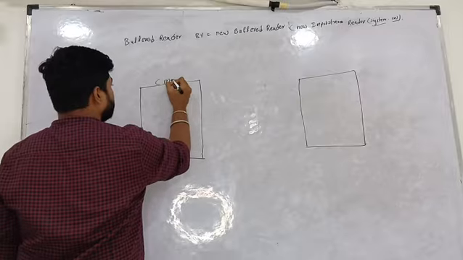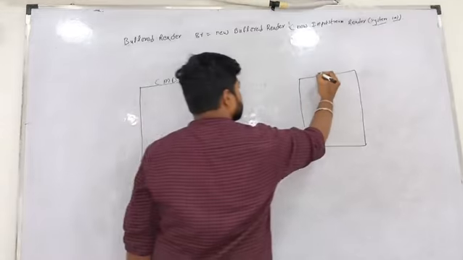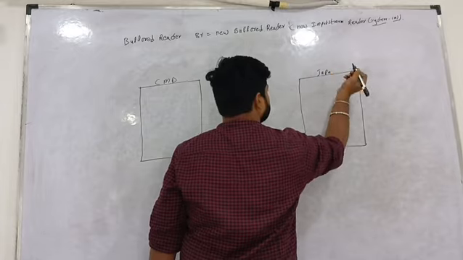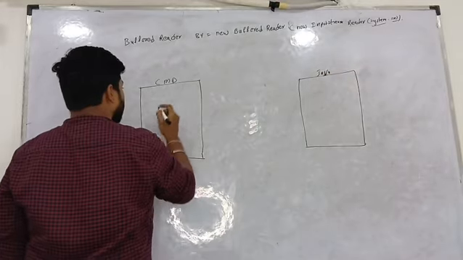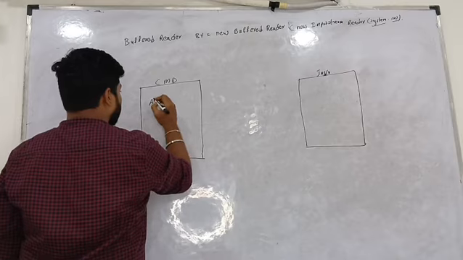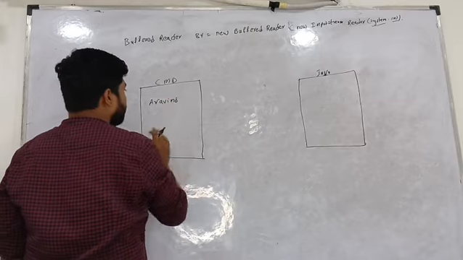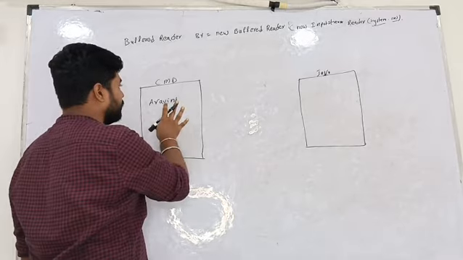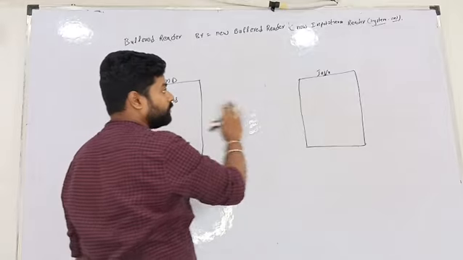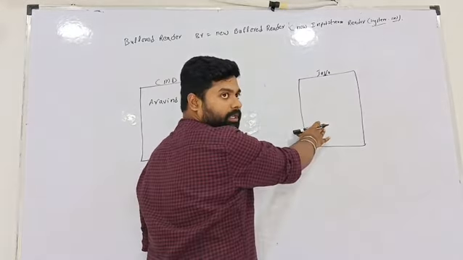This is a CMD and this is a Java application. If we write a variable name like Irwin, the data which you have given in the CMD should be passed to the Java application.